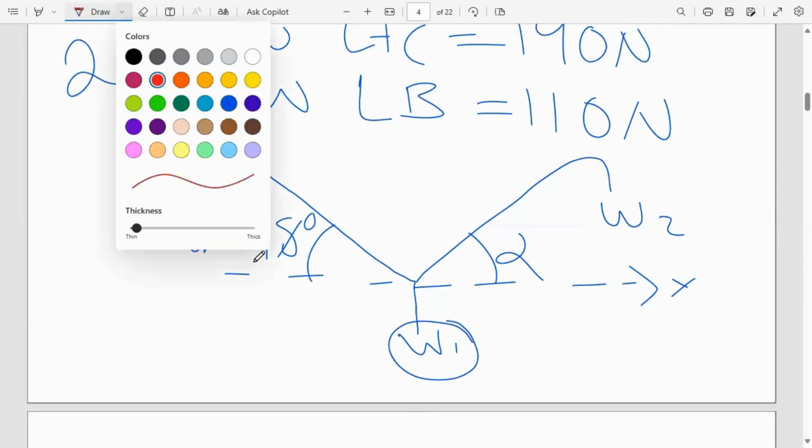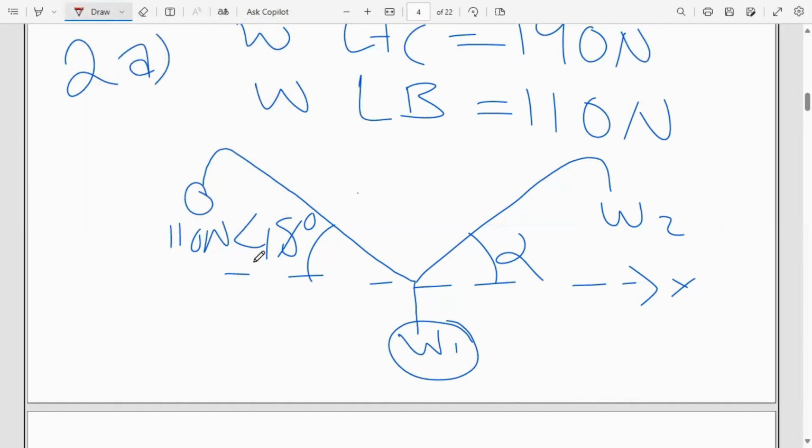Okay, so before I go to the next page, let's now put those forces into their respective axes. Let's resolve the forces that are being applied on this system. So we have, on this side, the x component of our 110 newtons, which is directed at 48 degrees.